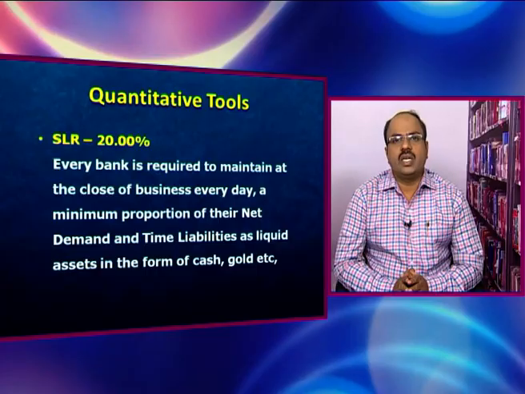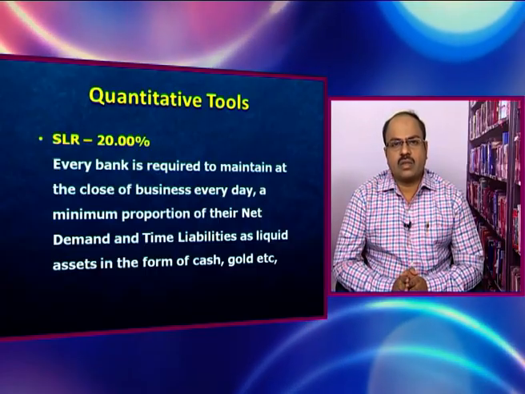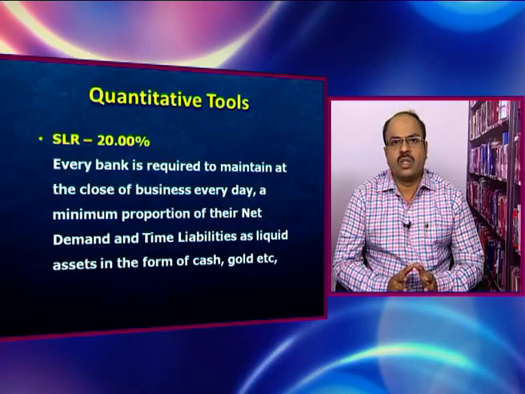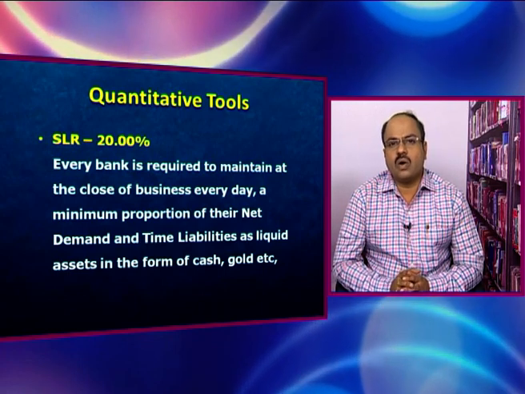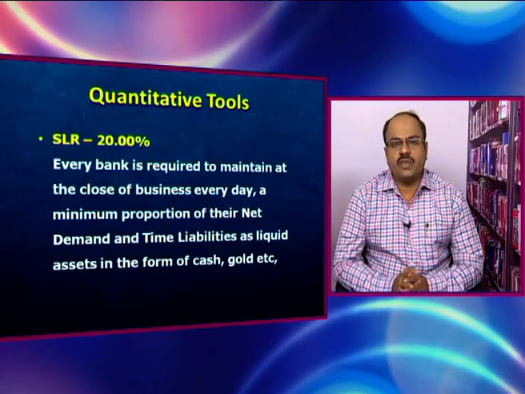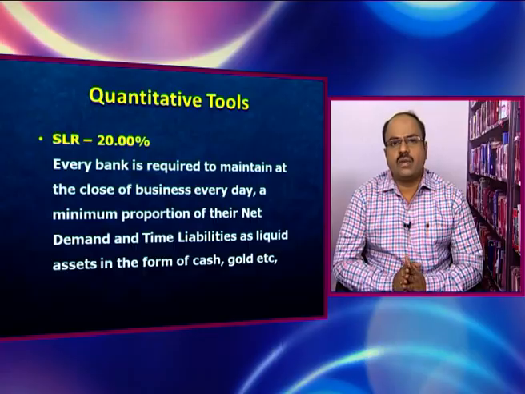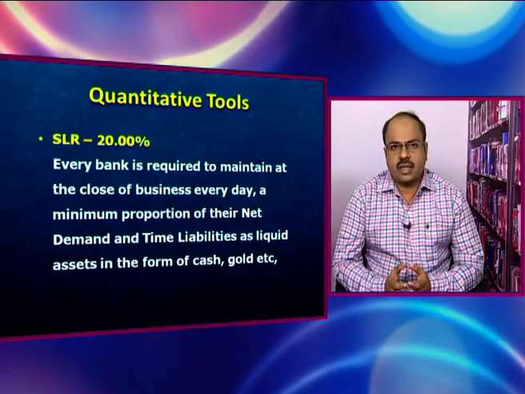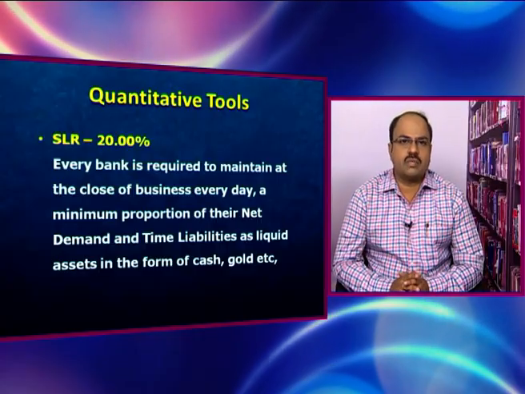Nothing but a minimum portion of assets of the bank, maybe cash, or gold, or government securities, will be maintained within the headquarters of banks. This money should not be lent back to the people on interest basis.